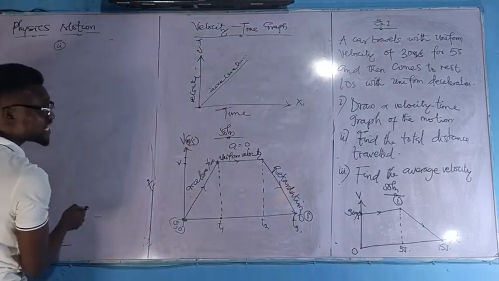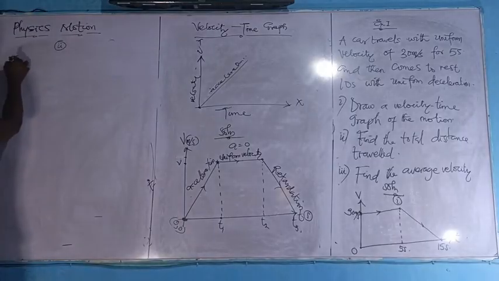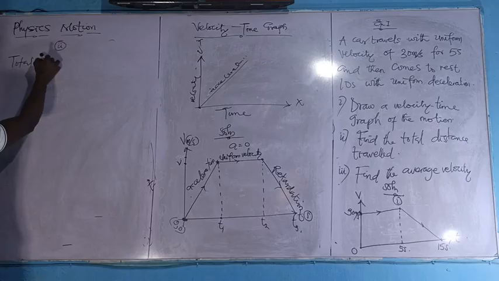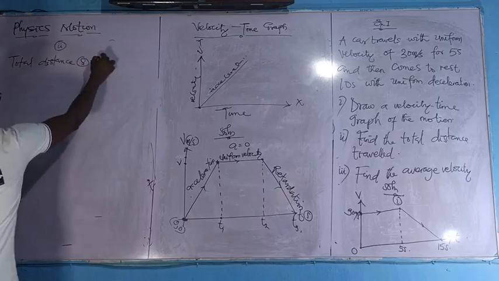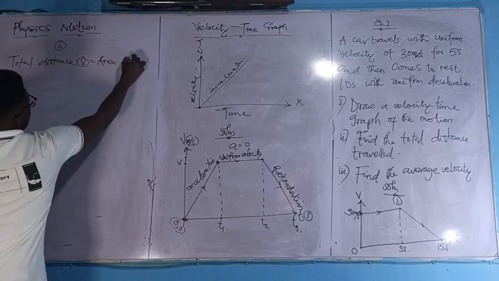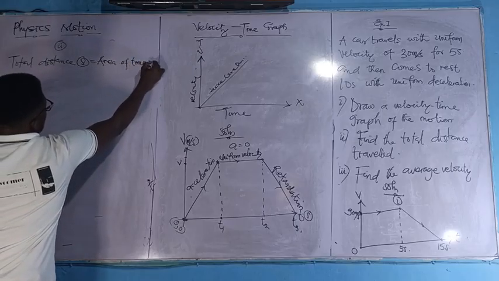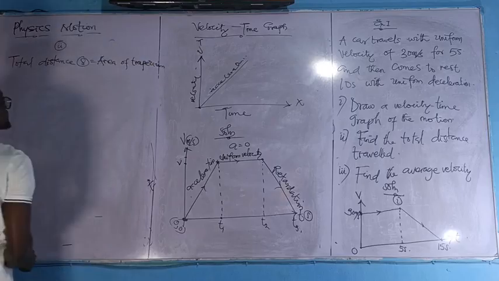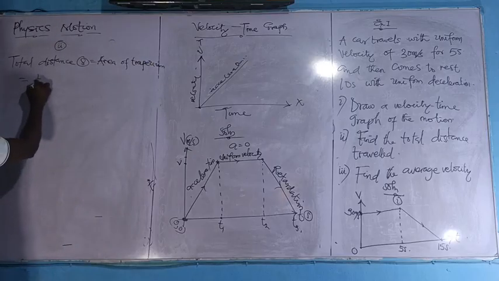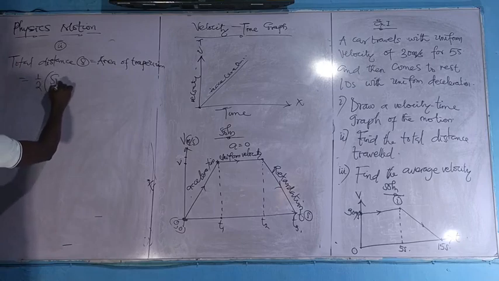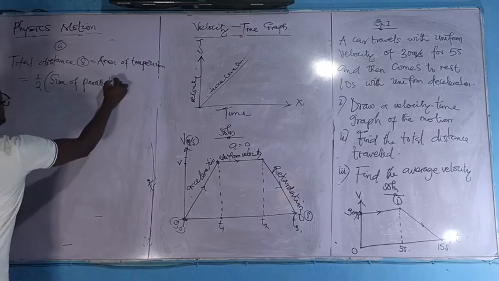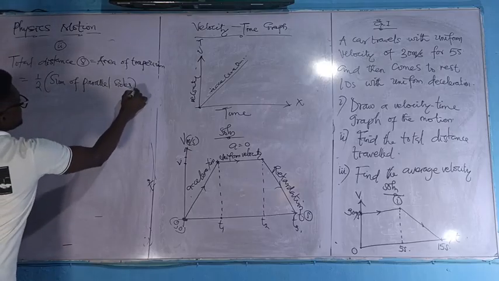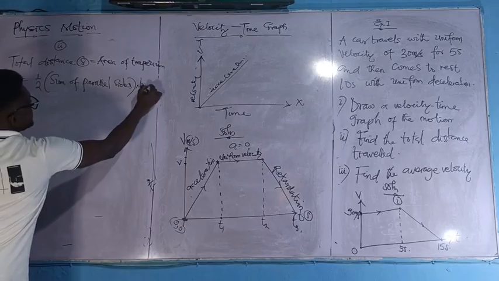Now, in order to get the total distance, which is S, is equal to the area of the trapezium, because the shape of that is a trapezium shape. And the area of a trapezium is half the sum of parallel sides, times height.